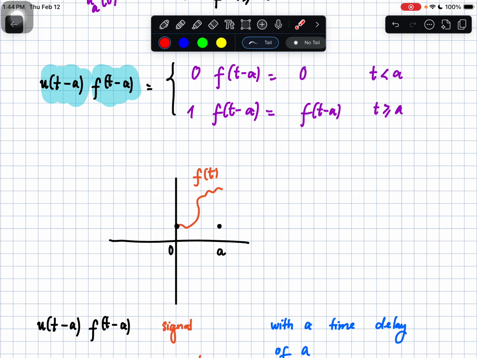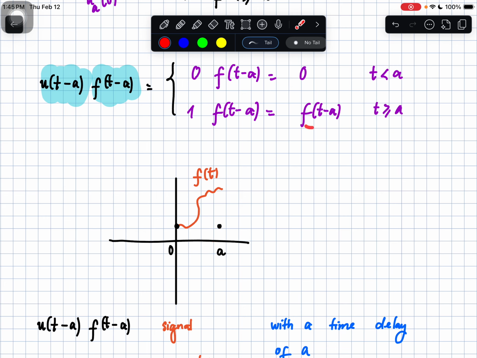Then u(t minus a) f(t minus a) will only show up when, because everything before the time a is 0, it will not show up until the time a. When a arrives, the signal arrives.